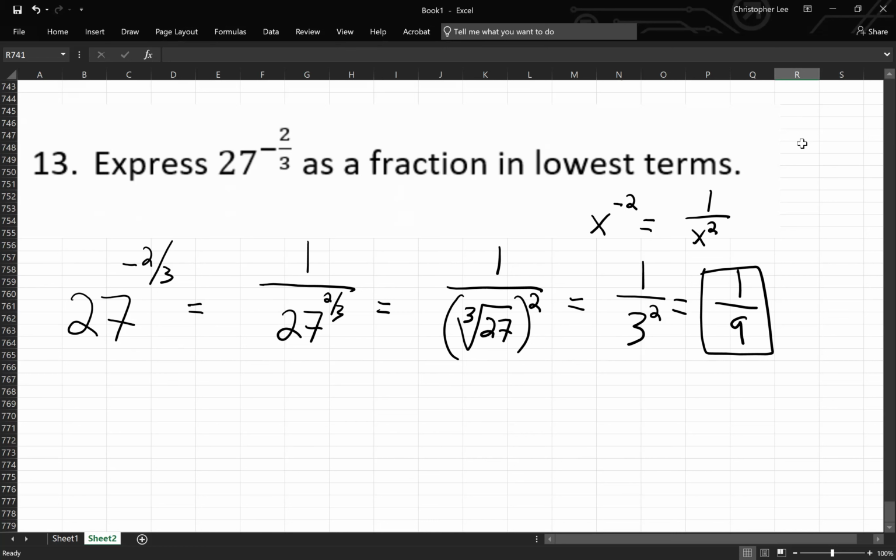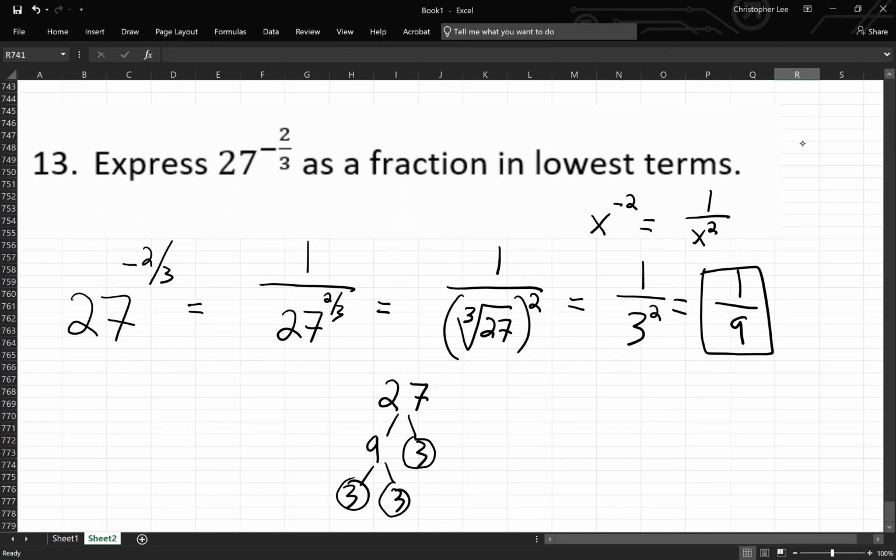Now for me, I didn't really know that the cube root of 27 was 3. So sometimes when you don't know what to do, you can always use prime factorization. So say I have 27. Break it down into two numbers that multiply to 27. That's 9 times 3. 3 is a prime number, so I'm good with that. Then I could break down a 9 into 3 times 3. These are prime numbers. So 3 times 3 times 3 gives me 27.